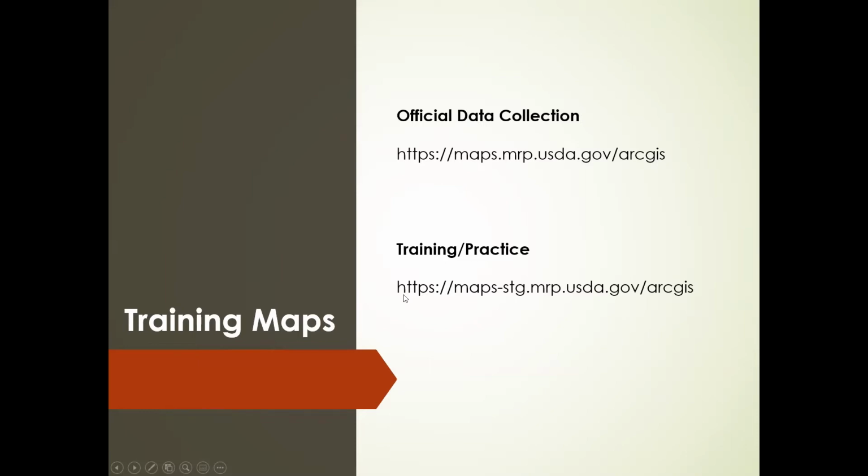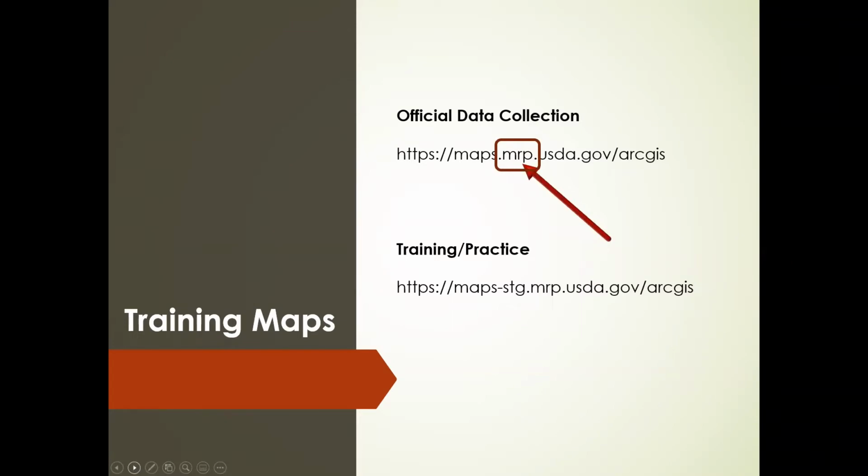But the training or practice maps are an exact copy of the official data collection map so that you can train or practice, or in this case today, I'm going to use a training map to demonstrate things for you. So no real or official data should ever end up in a training map. You should always be very careful to be sure you're signed into this MRP URL to record official data. And so the difference here is kind of clear.